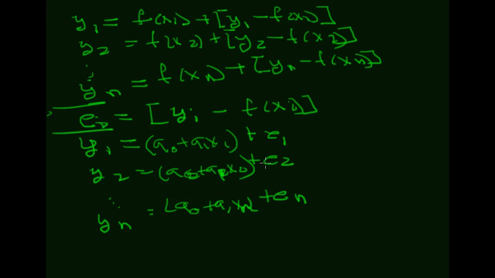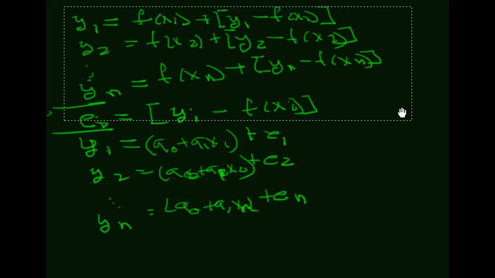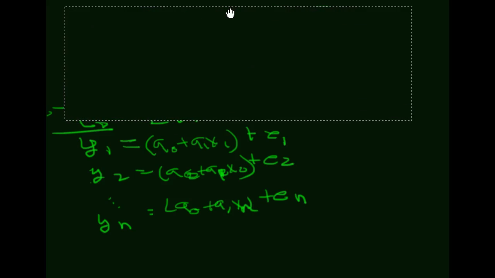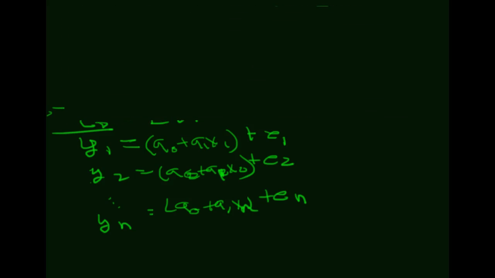So here's what we're going to do. Let's clear out some of the space at the top so I don't have to start a new page. We're going to let some matrices exist. Let the Y matrix be the column of Y's: Y1, Y2, down to Yn.